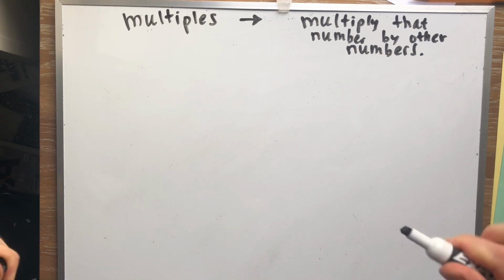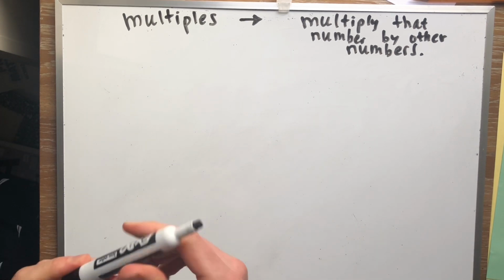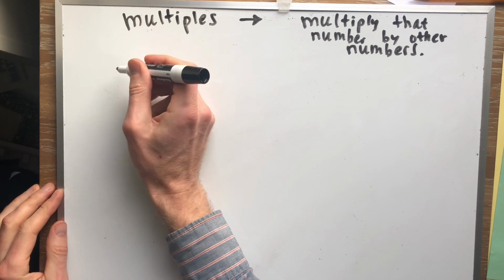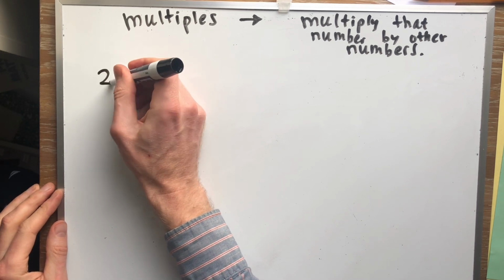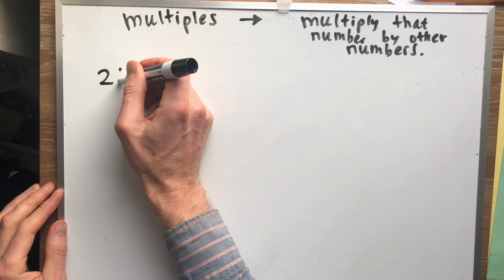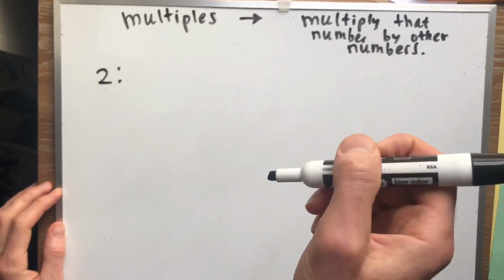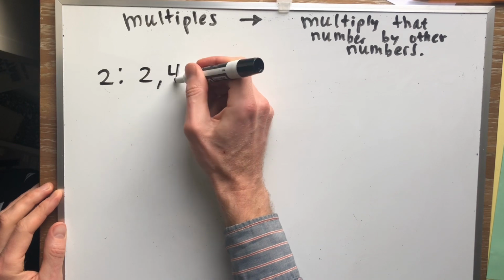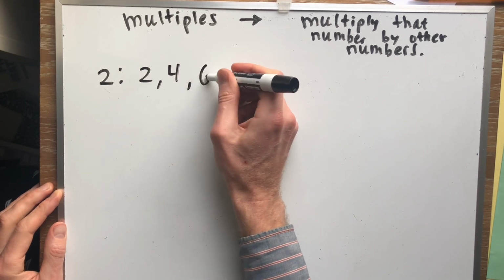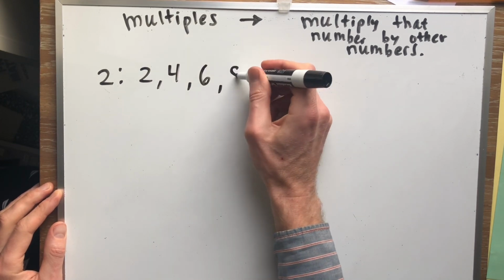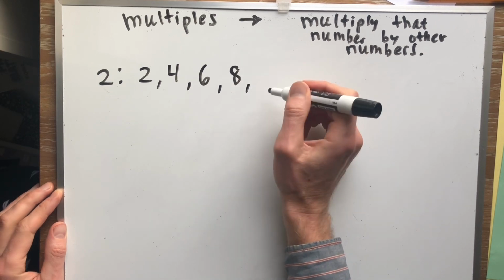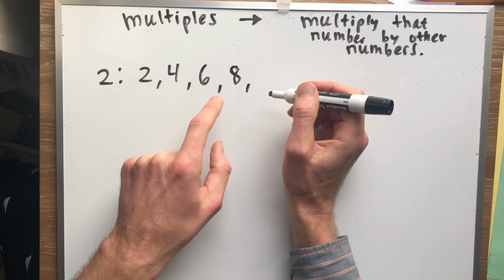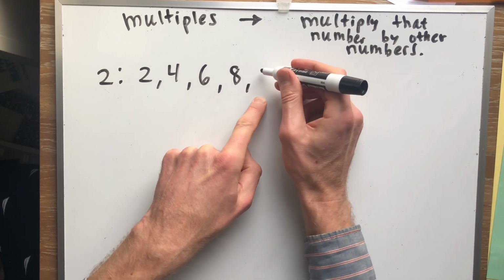So if we're going to be doing multiples of 2, it's just the multiplication times table. So multiples of 2 are, well, 2 times 1 is 2, 2 times 2 is 4, 2 times 3 is 6, 2 times 4 is 8, that's 4 2's, 5 2's is 10.